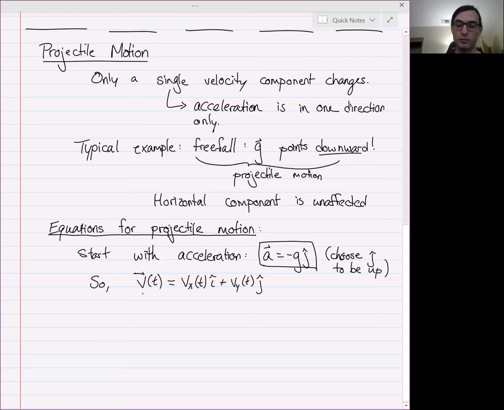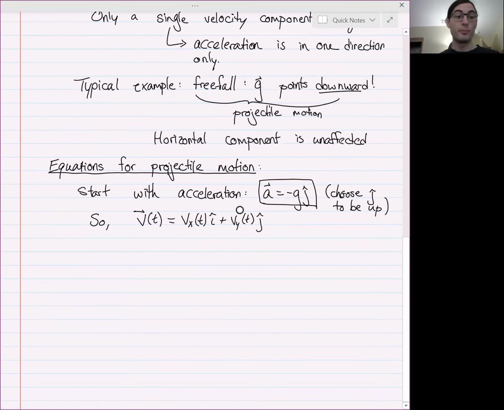So we can write our velocity vector this way, and our goal is to figure out what that velocity vector is. We're going to do much of what we did before, where we start with our acceleration vector and integrate it to get the velocity.